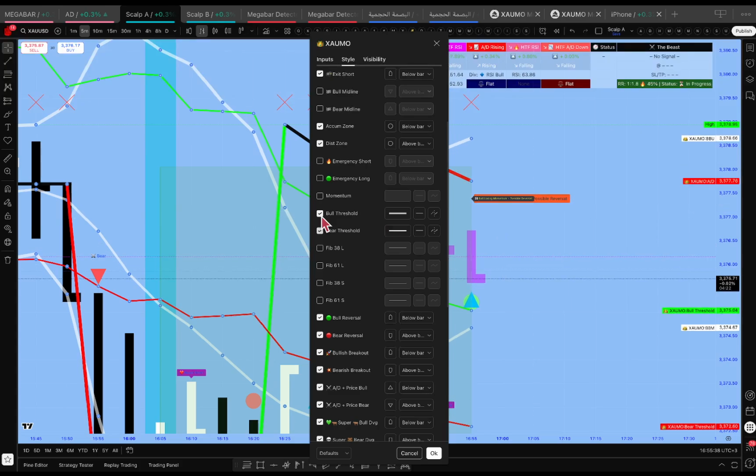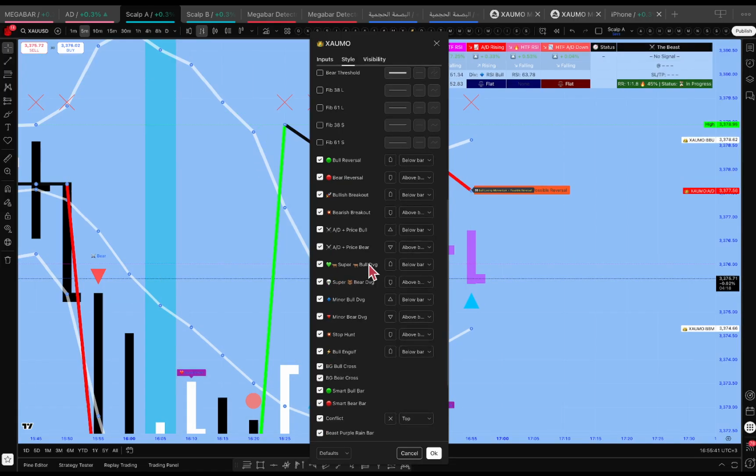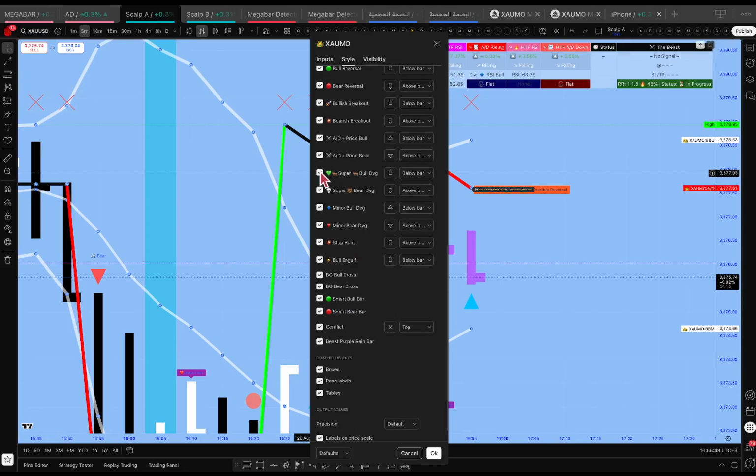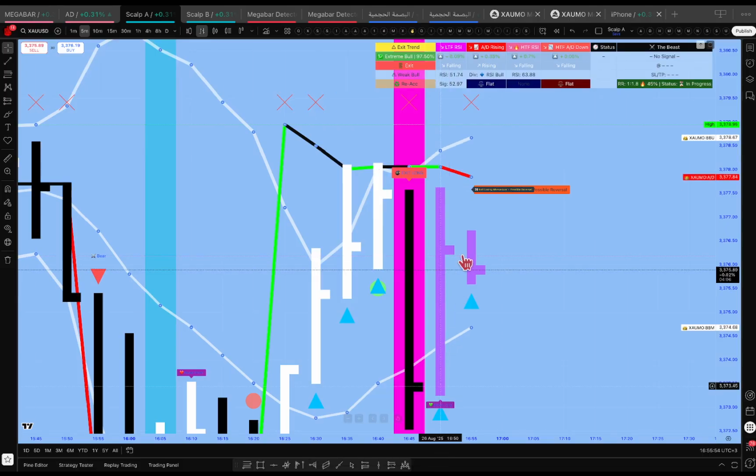And you have signals coming in: bull reversal, AD price, plus all the divergences, super bull divergence, super bear divergences, AD and price divergence. Everything is already there: bull losing momentum, possible reversal.